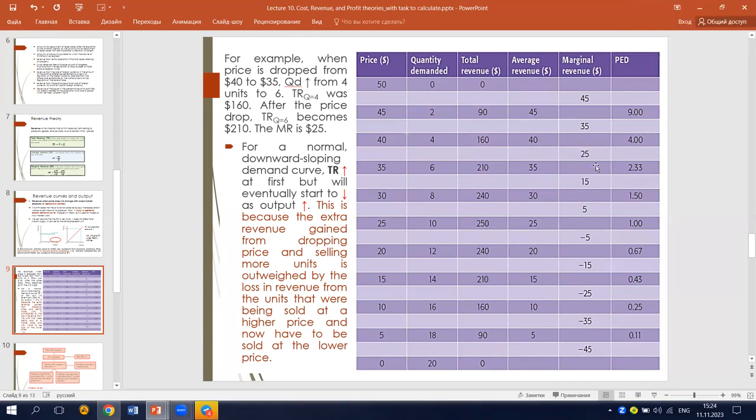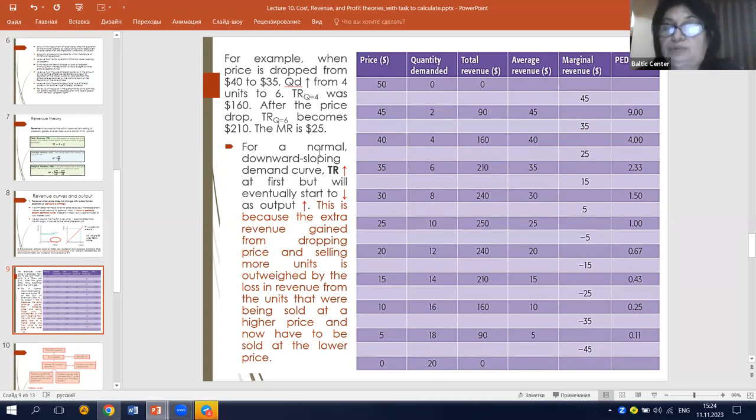So, for a normal downsloping demand curve, total revenue goes up at first, but eventually starts to slow down, dropping as output increases.